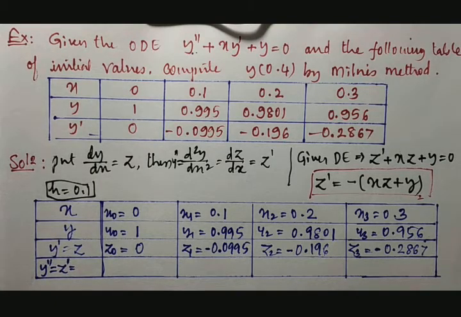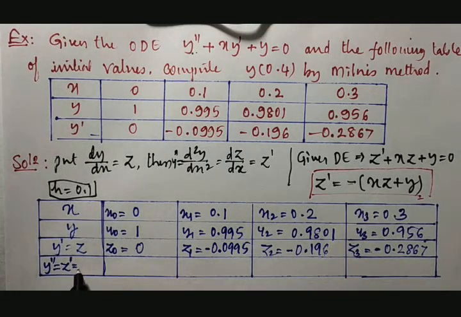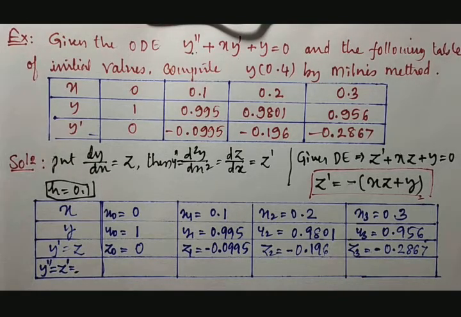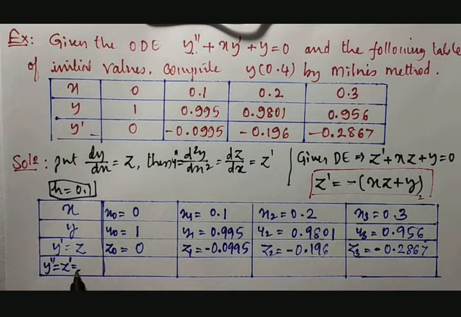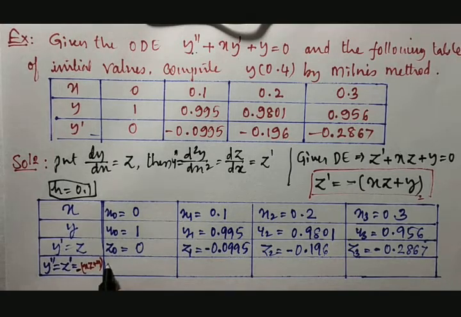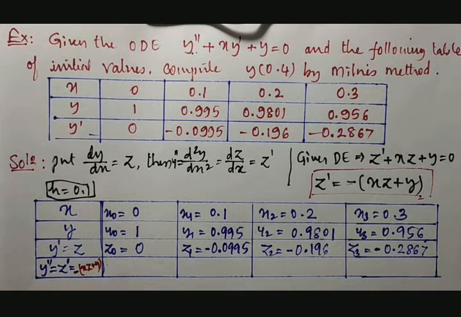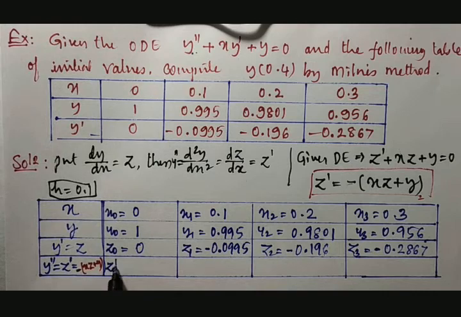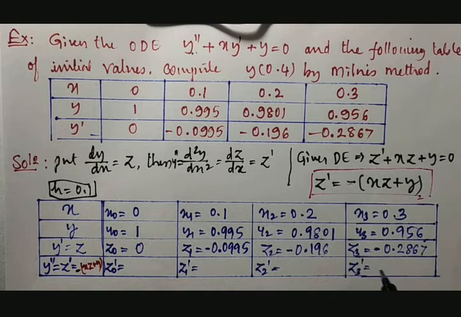Then comes z dash. What is z dash now? Z dash is nothing but minus of x z plus y, that is z0 dash, z1 dash, z2 dash, z3 dash.